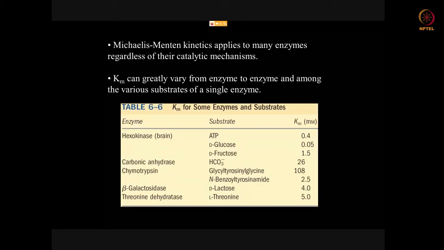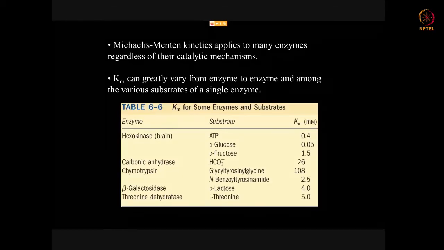So here, regardless of the number of steps involved, it doesn't tell how many intermediate steps are involved. Remember, we have considered that an enzyme catalyzed reaction can have multiple intermediate steps.